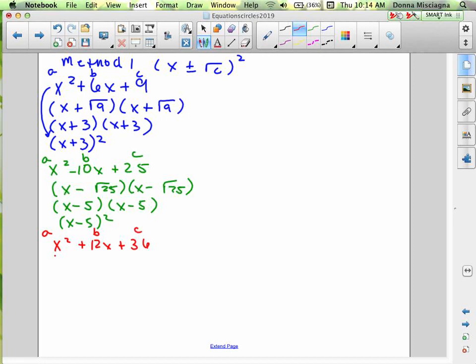When we factor it, it will be x, and then b is positive, so it'll be plus: x plus square root of 36 times x plus square root of 36, which is x plus 6 times x plus 6, or x plus 6 squared.